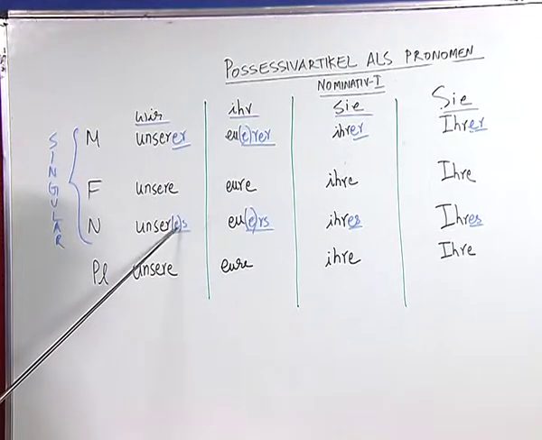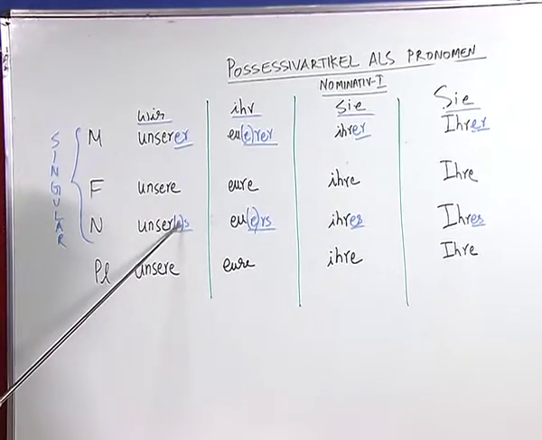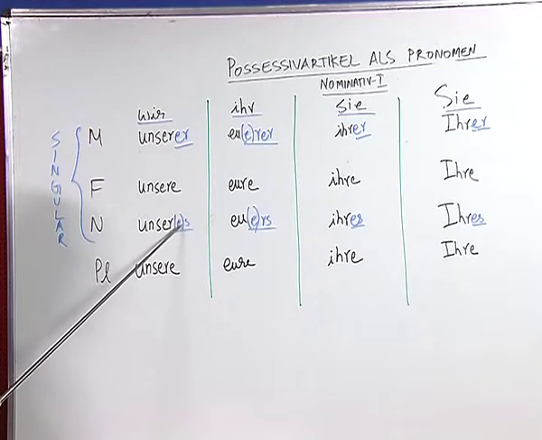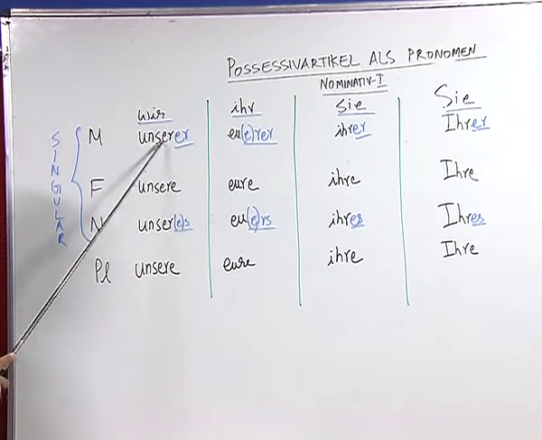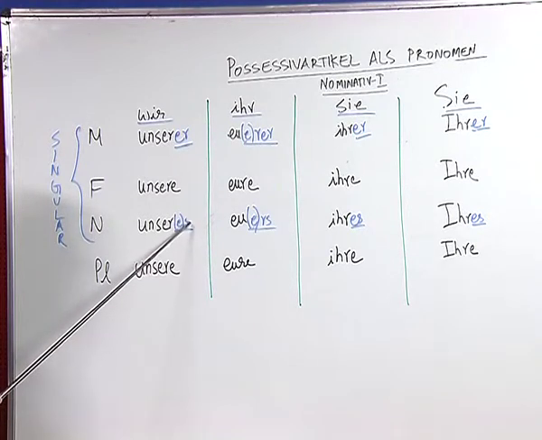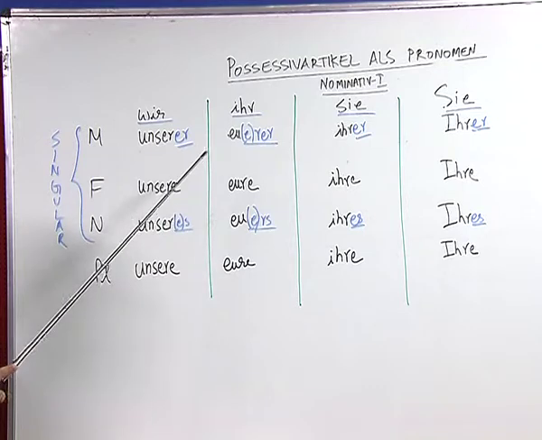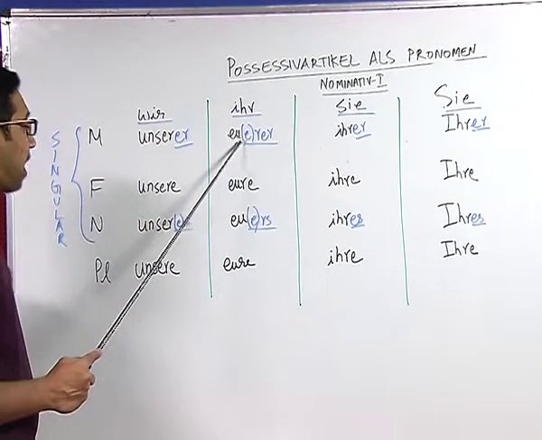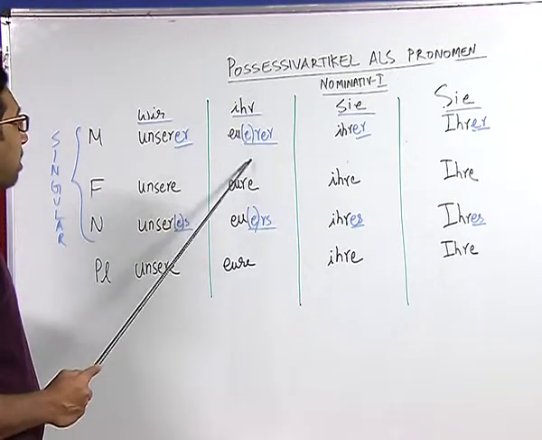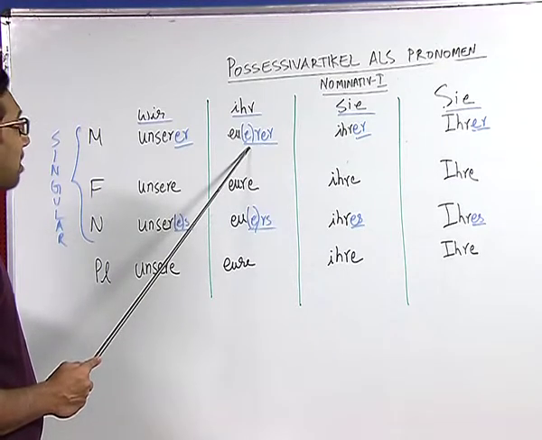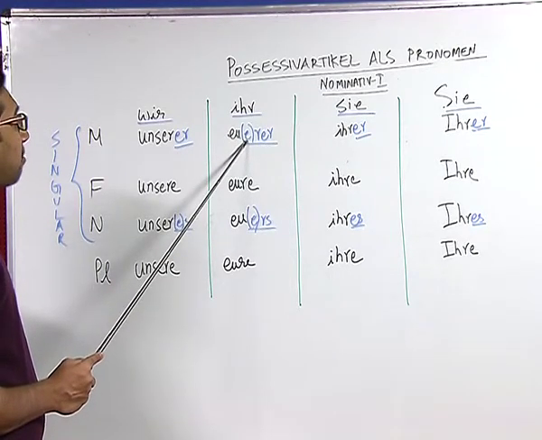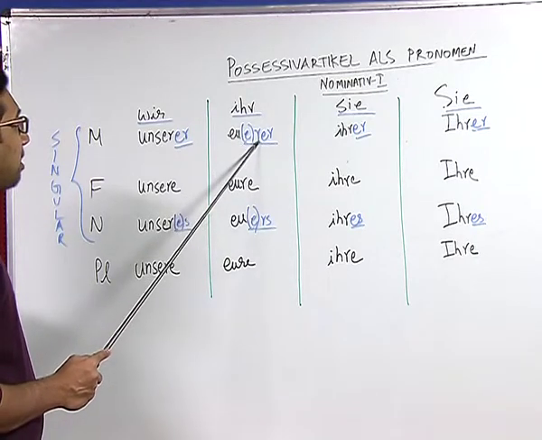If you look closely, I have written the alphabet A or E here in bracket, which actually shows that we need this vowel here before we write the consonant R or the S in the respective case. Also, here we have for masculine possessive article as pronoun eurer, we have A here, which is E, because of the presence of er here.